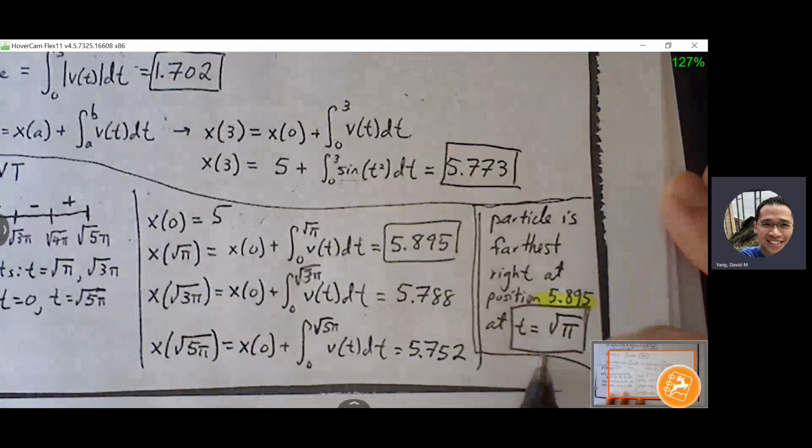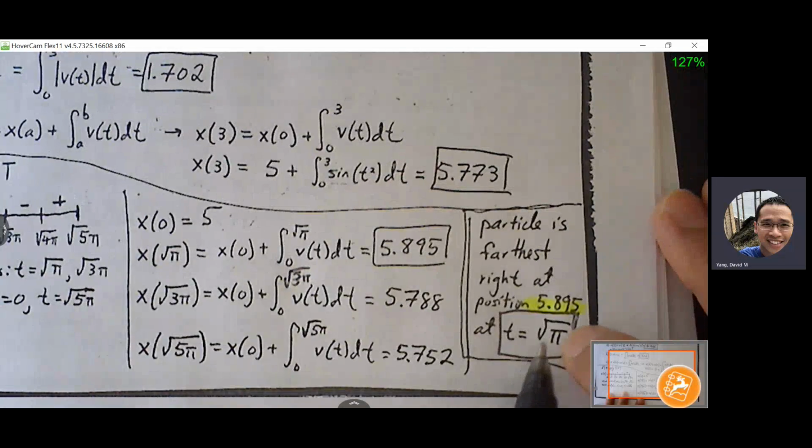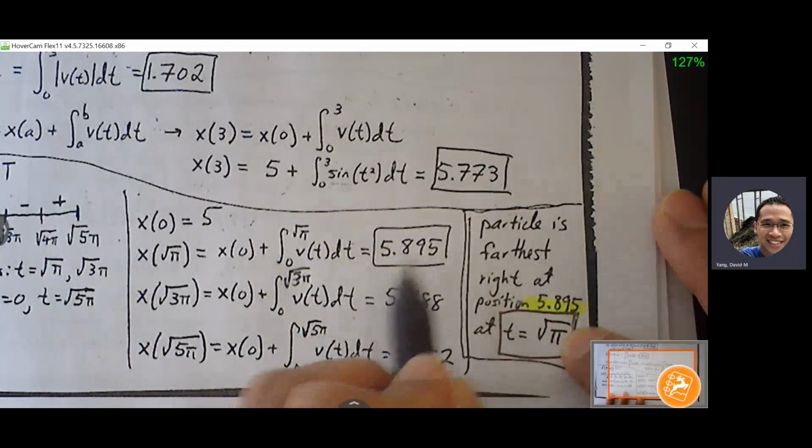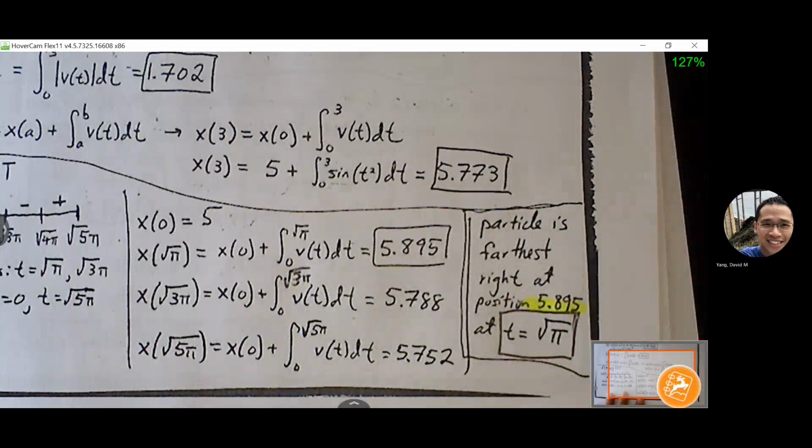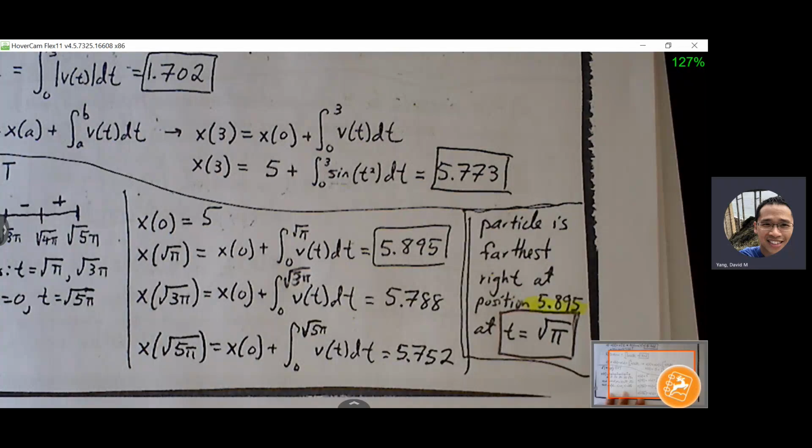So t equals root pi, and we're determining that based off of the fact that furthest to the right is 5.895. Hopefully we've done extreme value theorem enough where you feel like there's a pattern to how these problems are set up and recognizing it and applying it.